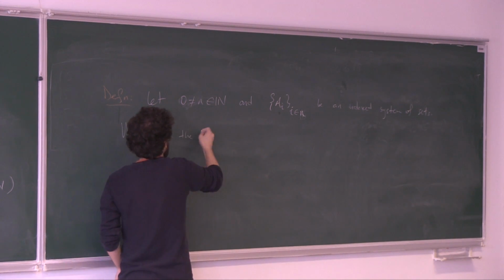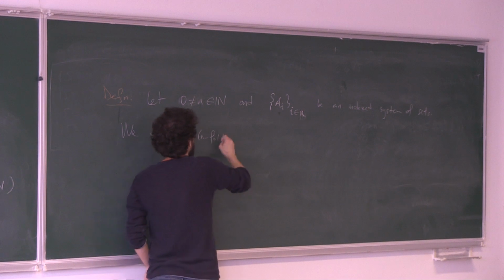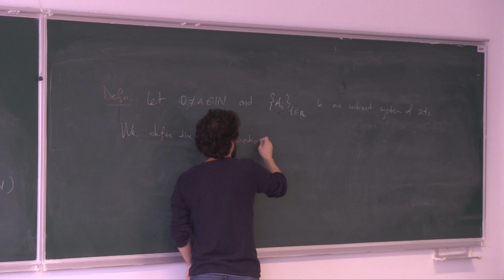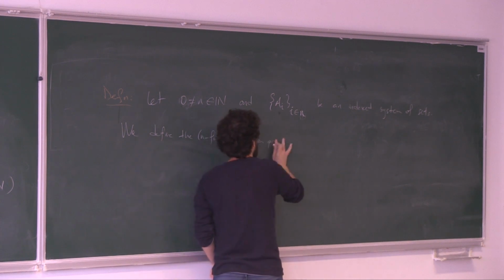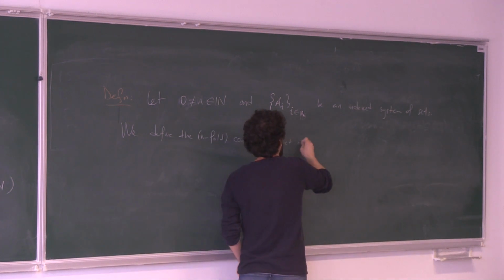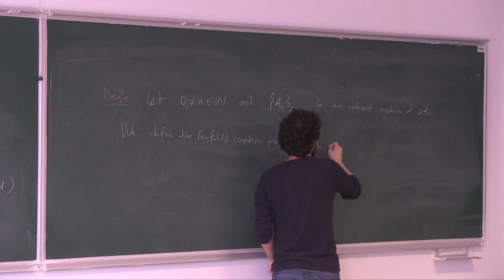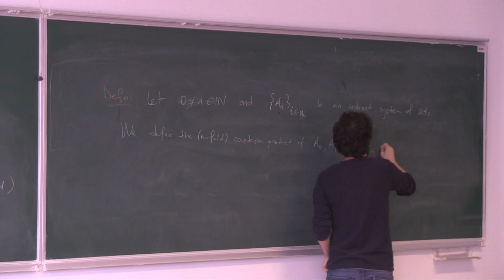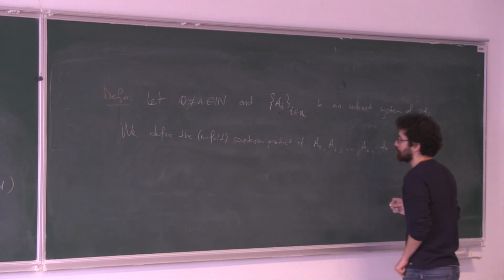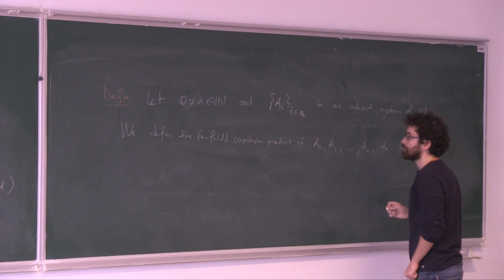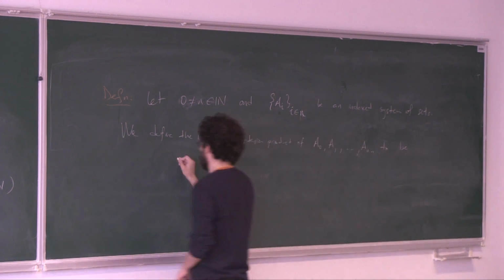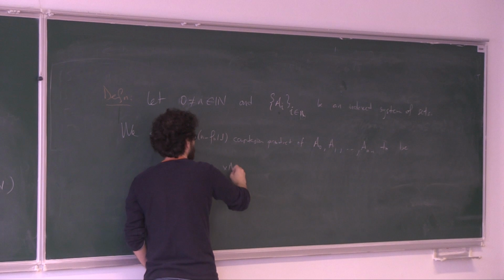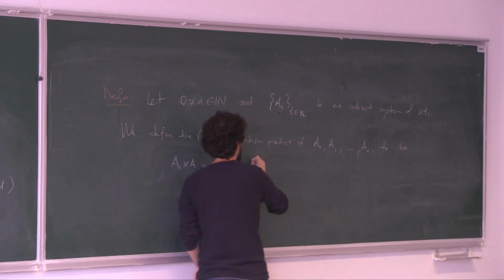We define the n-fold Cartesian product of A0, A1, dot dot dot, A(n-1) to be... so this is the notation we use, and here's how it's defined.